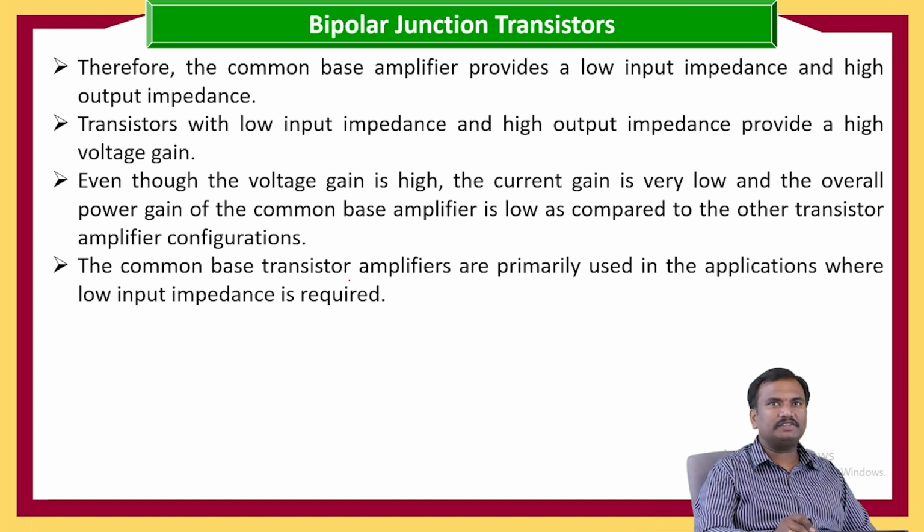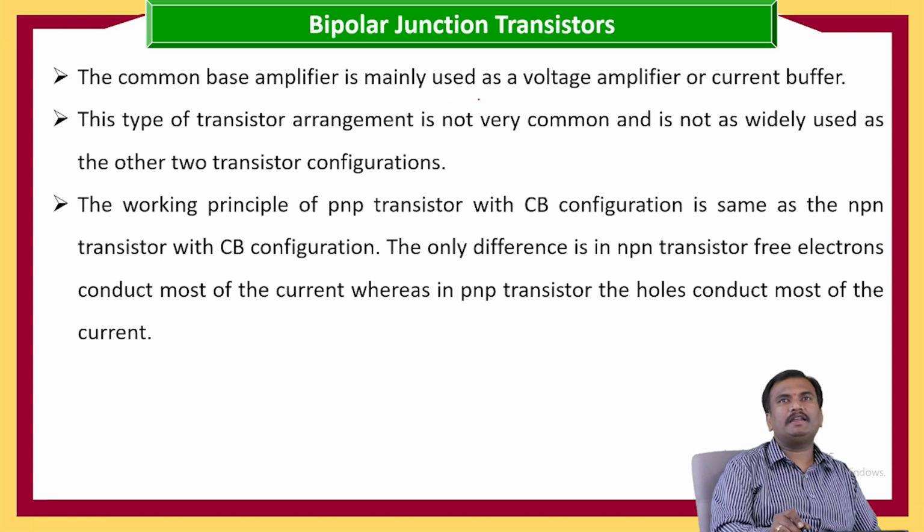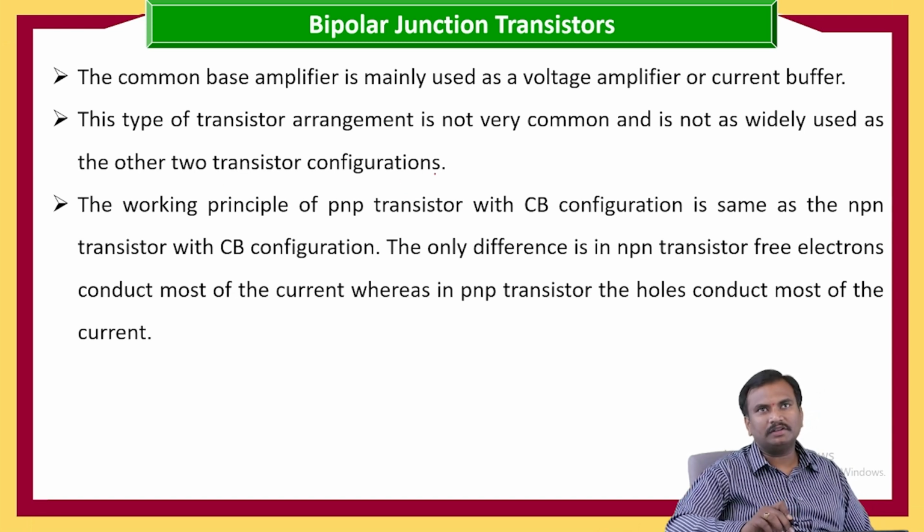The common base transistor amplifiers are primarily used in applications where low input impedance is required. Here the common base amplifier is mainly used as a voltage amplifier or current buffer, and this type of transistor arrangement is not very common and is not widely used as the other two transistor configurations.